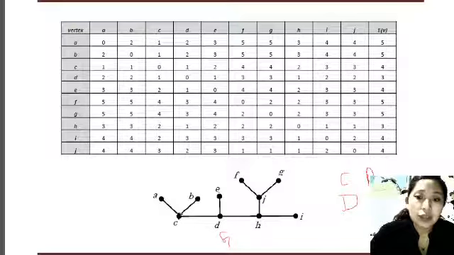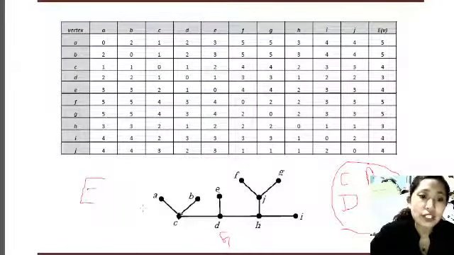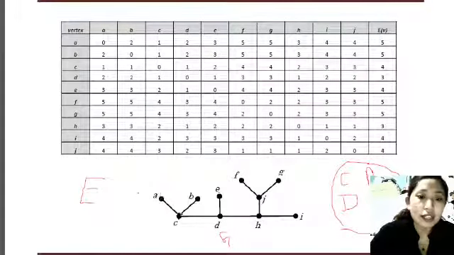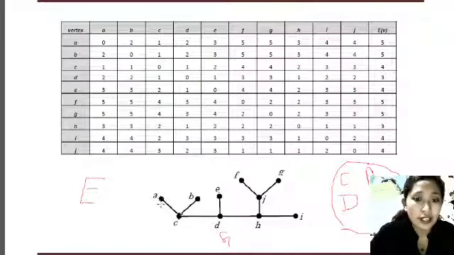Now to determine these 4 parameters, as I said, we need to calculate the eccentricity of each vertex. Eccentricity of a vertex means the distance from that vertex to the farthest vertex. For that, we need to calculate the distance from that vertex to all other vertices in this graph.